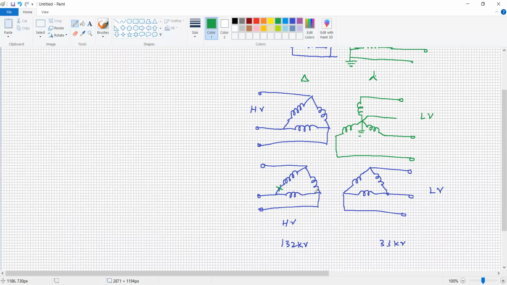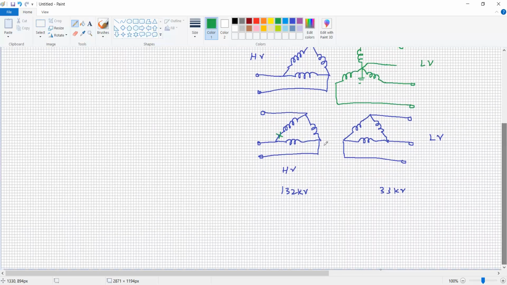Now look at this figure. What does it become? It becomes equal to two windings connected, and the third is a conductor. And here also, by disconnecting one of the windings, the diagram becomes like that.